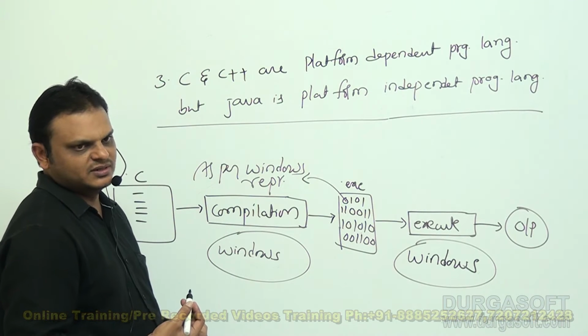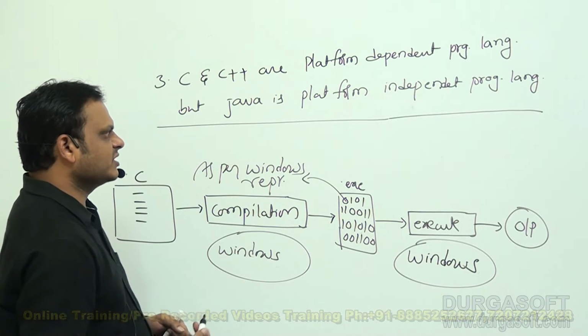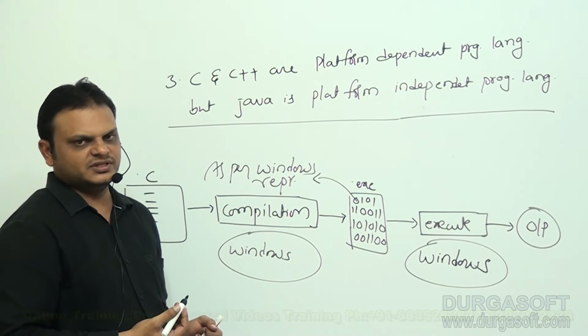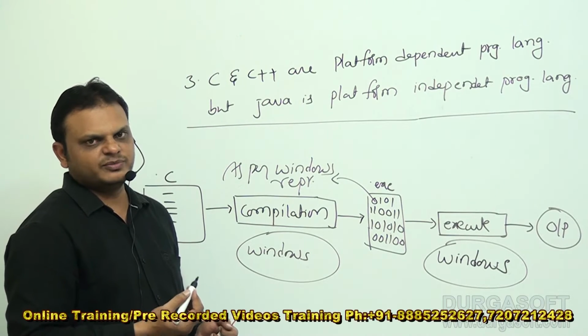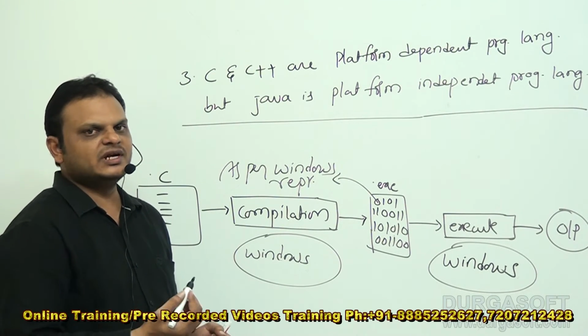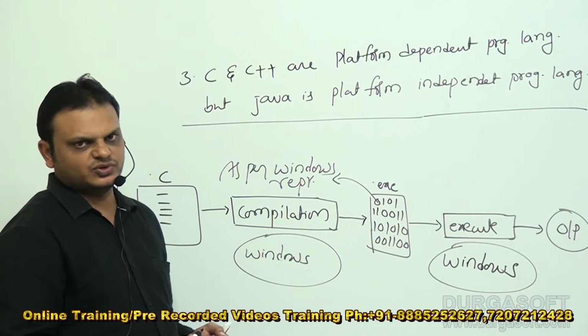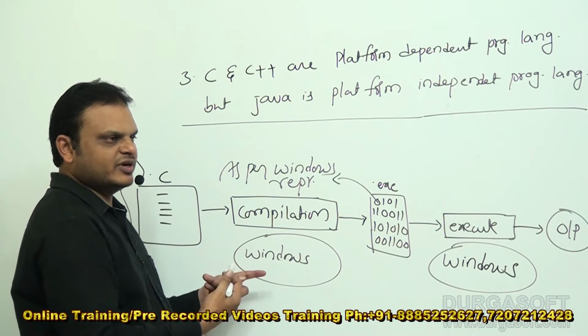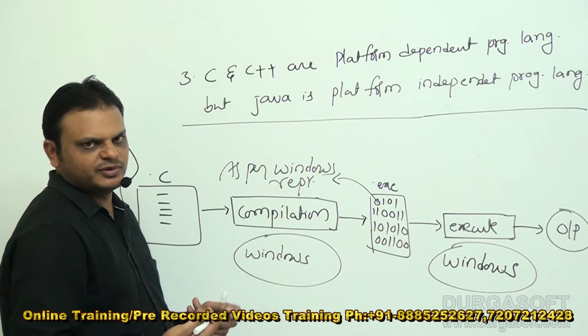This is one point. And in another way also we can conclude that in the case of C and C++ programming languages, memory allocation for primitive data types is not at all fixed. That is totally depending on the operating system which we used. For compilation, if we use Windows operating system, as per the Windows way, it allocates the memory for primitive data types.